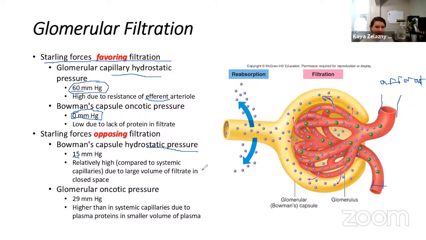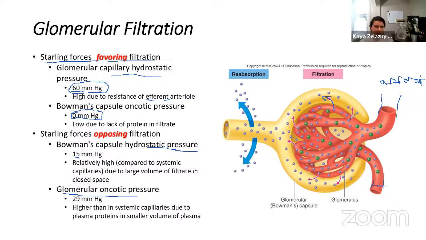Okay. So we do have a lot of filtrate in there. It's just that we have so much blood in the glomerulus that this is not going to overcome the force for filtration. Okay. A glomerular oncotic pressure we do have because it's the pull of these green proteins.